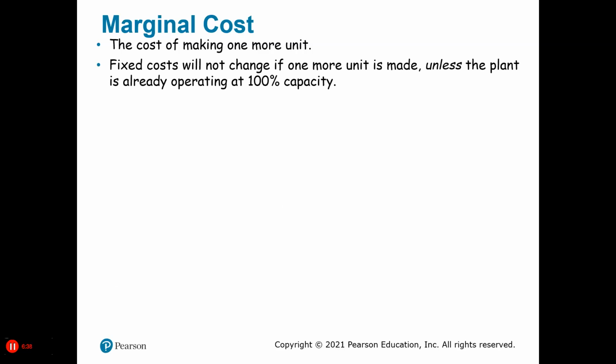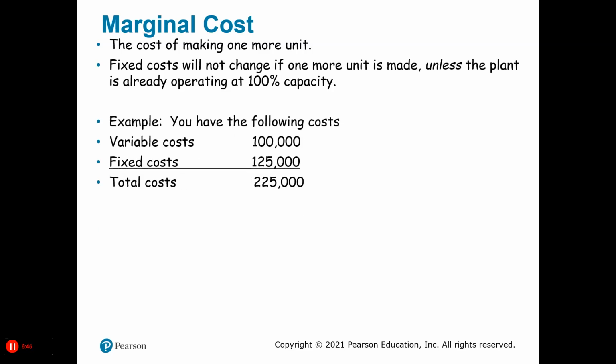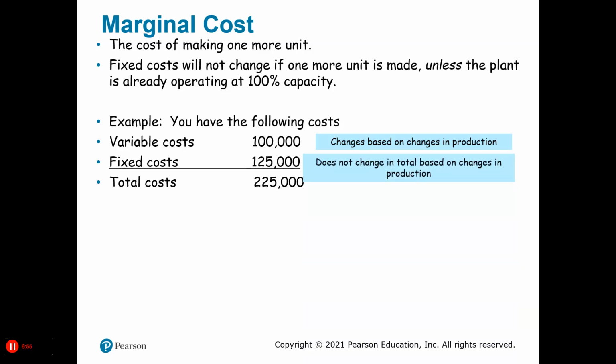This is only true if the plant is not at 100% capacity, because then our fixed costs will change. So, for example, say you had variable costs of $100,000 and fixed costs of $125,000, for a total cost of $225,000. Again, our variable costs change as production changes, but the fixed don't.